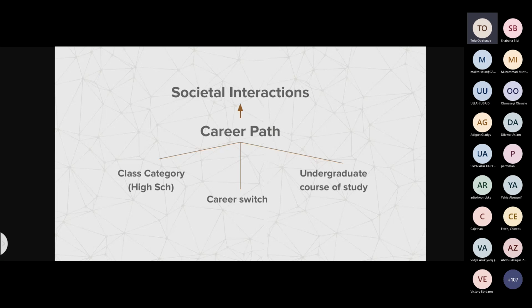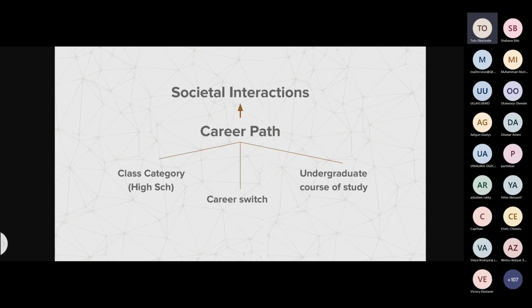And then the third one is, be it when you're in school or out of school and already in a particular line of professional space or career path, you want to make a switch from one career to another, probably because of career dissatisfaction or funding and all of that.